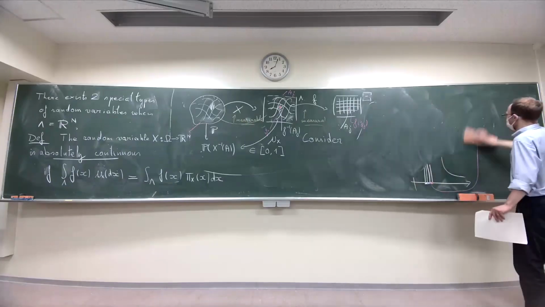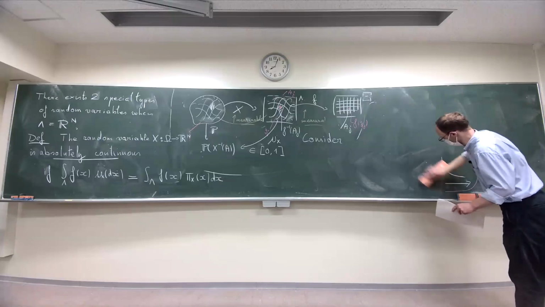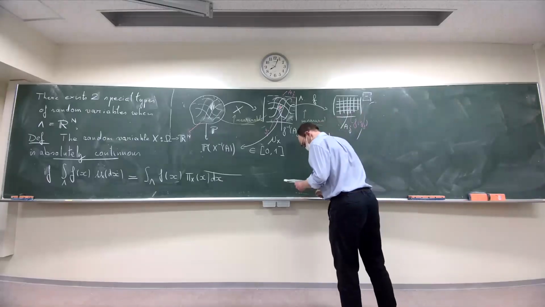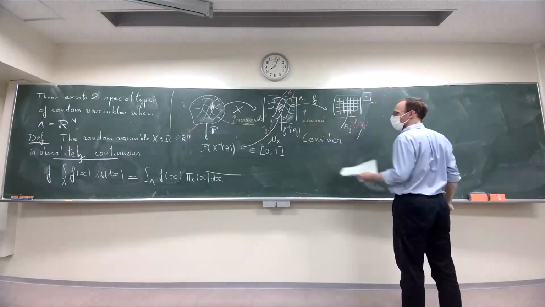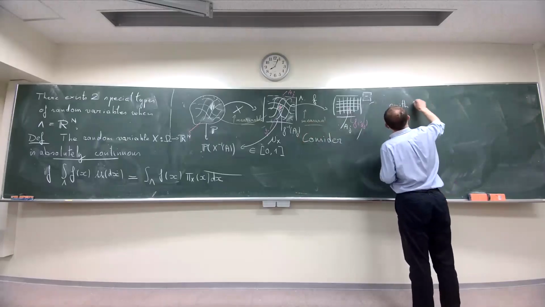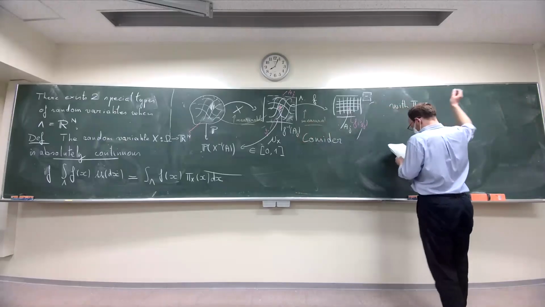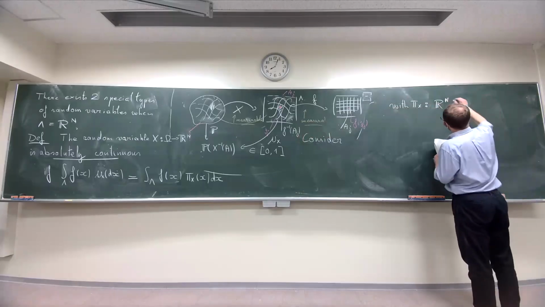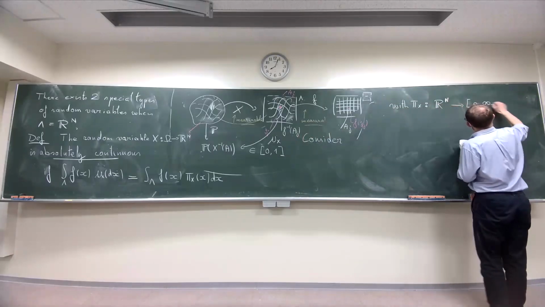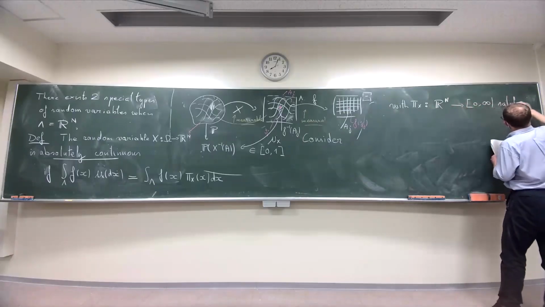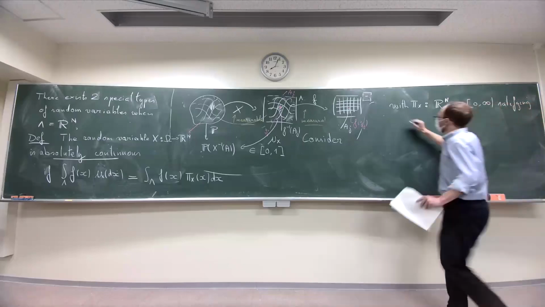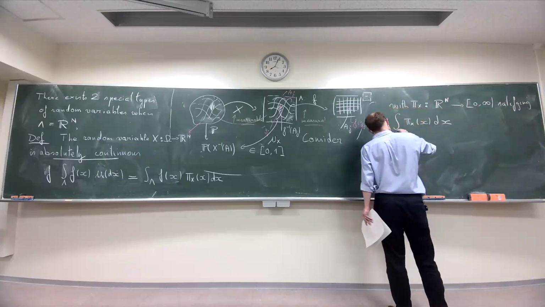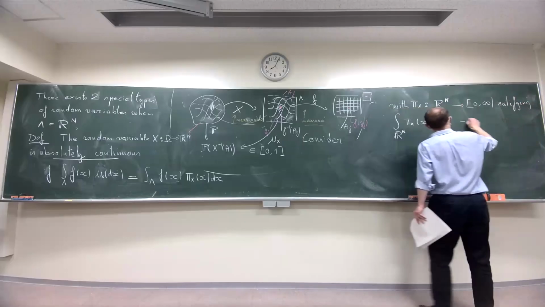And what is this pi x? Pi x from Rn to [0, infinity), satisfying that the integral of pi x of x dx, a usual integral on Rn, is 1.